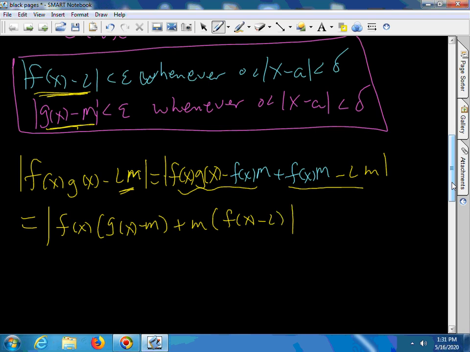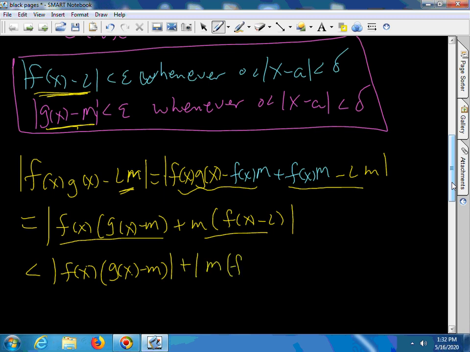Now, this is less than or equal to the absolute value of this plus the absolute value of that: the absolute value of f of x times g of x minus M plus the absolute value of M times f of x minus L. But this is equal to the product of absolute values.